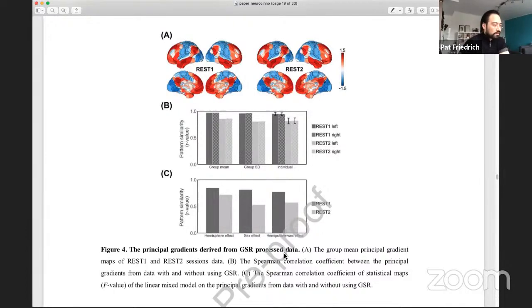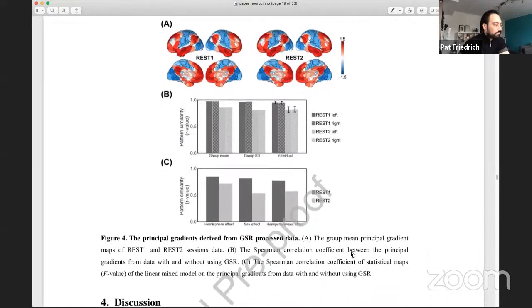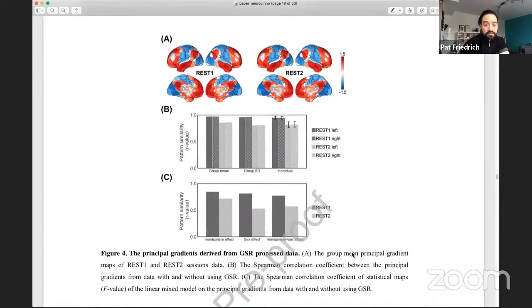I don't think they did it, because the only thing they showed here is how the principal gradient looks derived from global signal regressed data. But it might be in the supplementaries, and I might have just overlooked it. That's also quite a possibility here. So does this somewhat answer your question? Yeah, okay, thank you. Welcome.